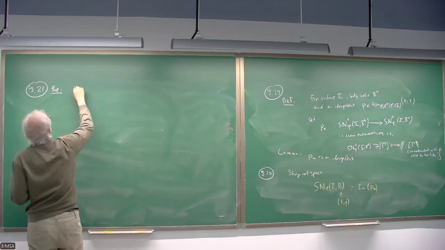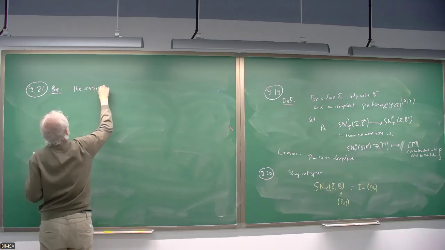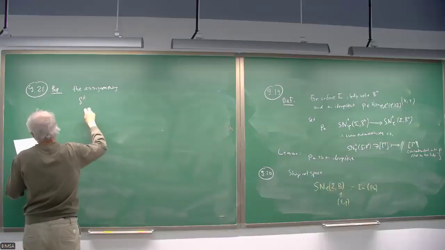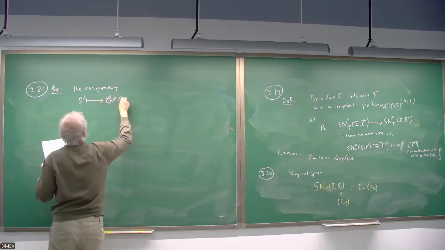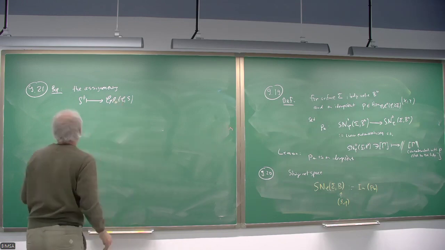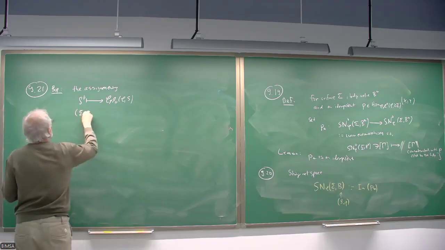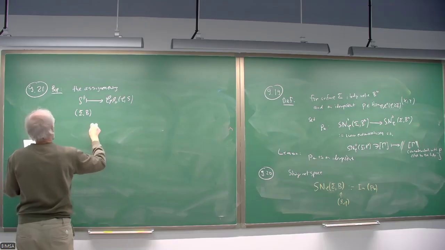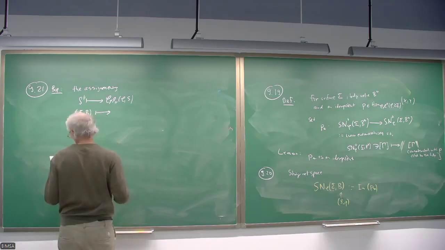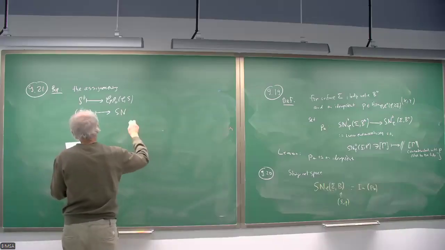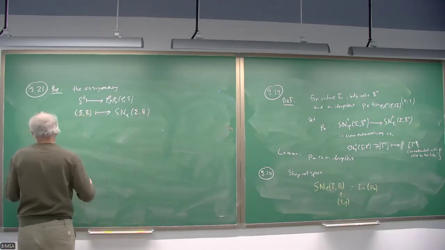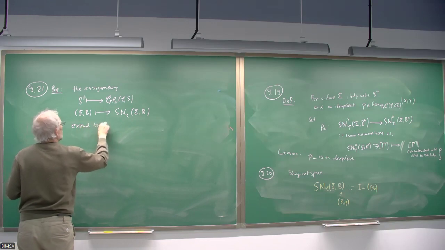The assignments of the cylinder category for S for one manifolds and surfaces together with a boundary value, to this assigned a string net space, extend to a modular functor.